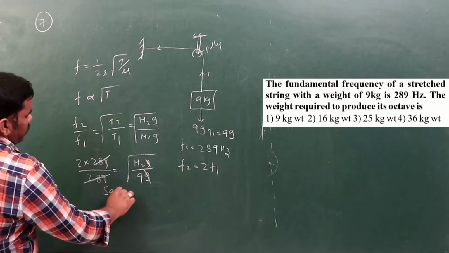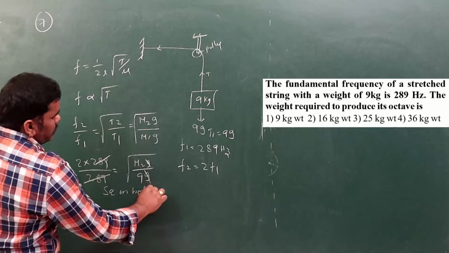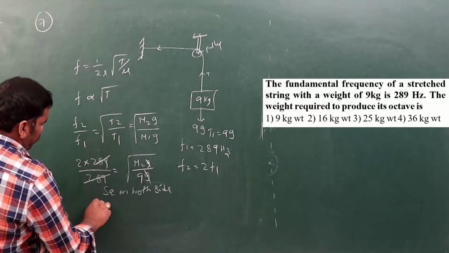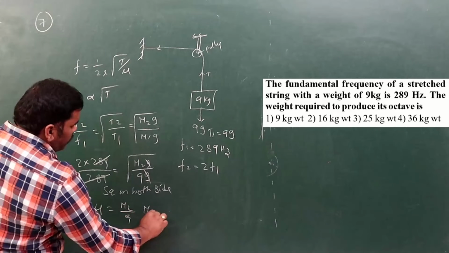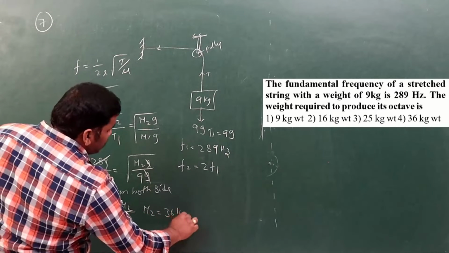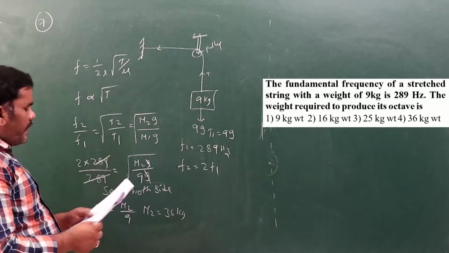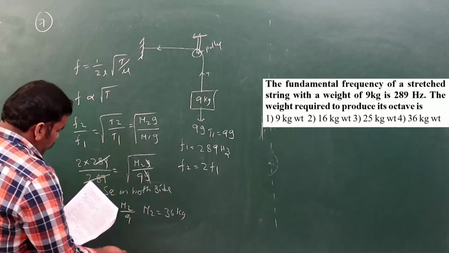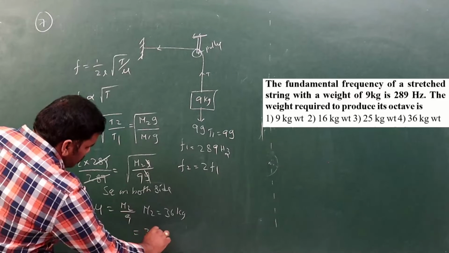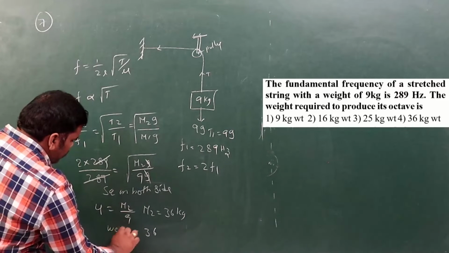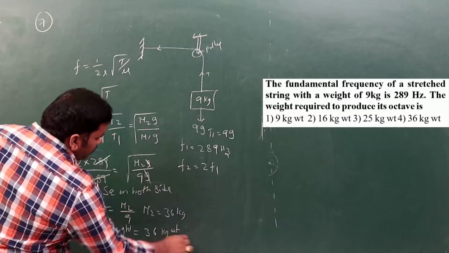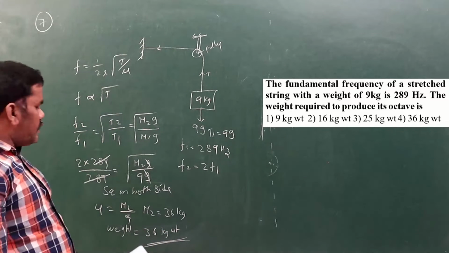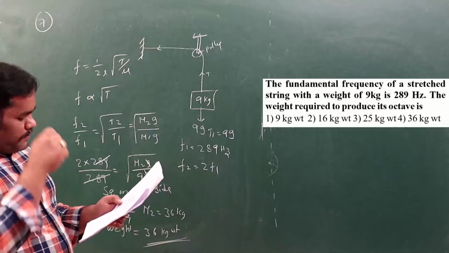Squaring on both sides, 4 is equal to M2 by 9, so M2 is equal to 36 kg. So the answer is 36 kg weight.